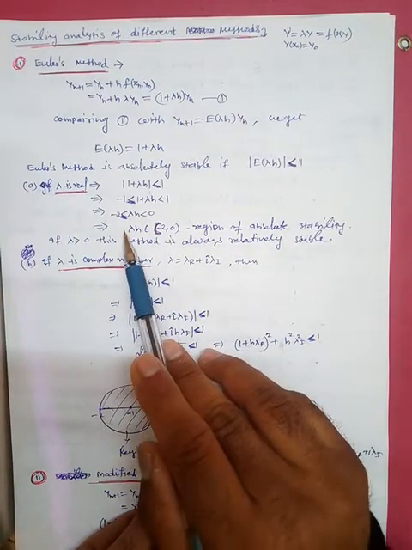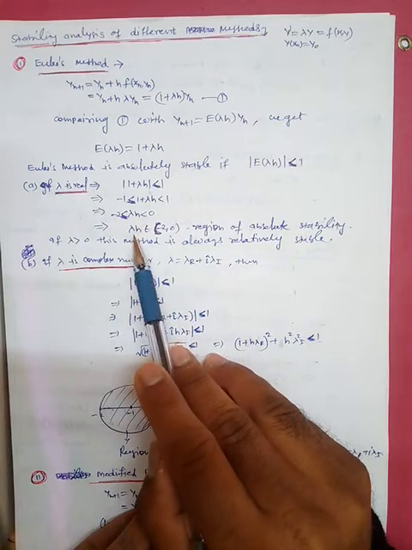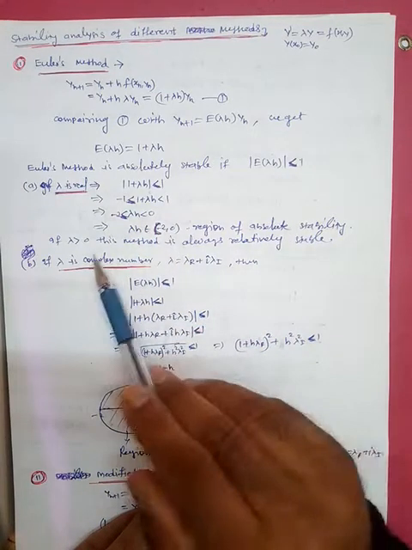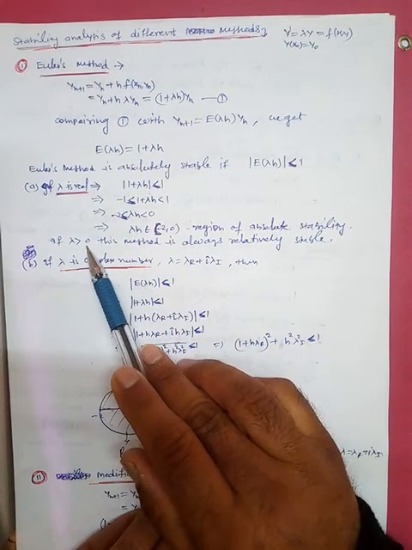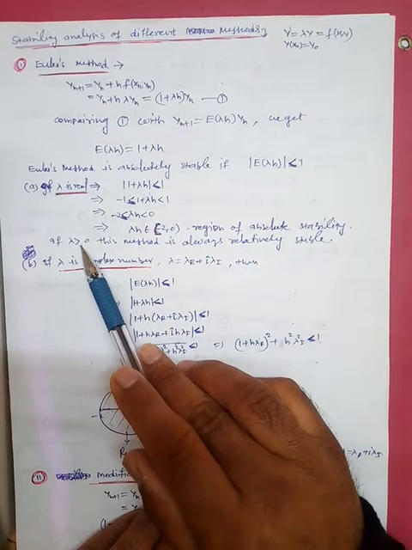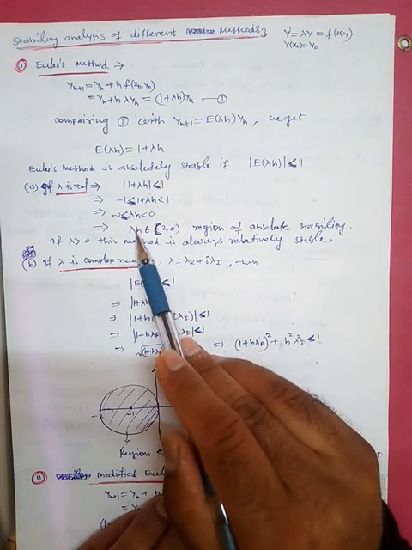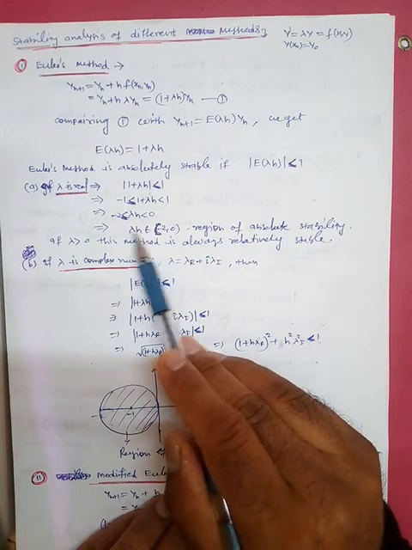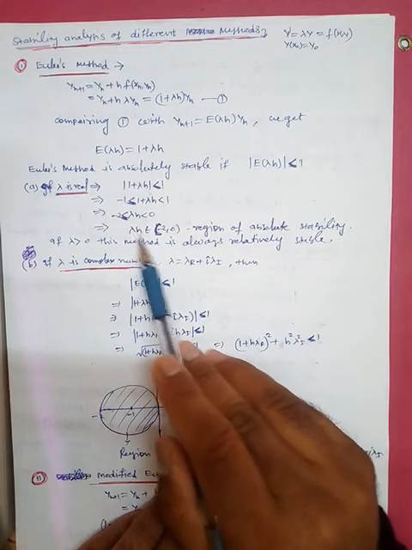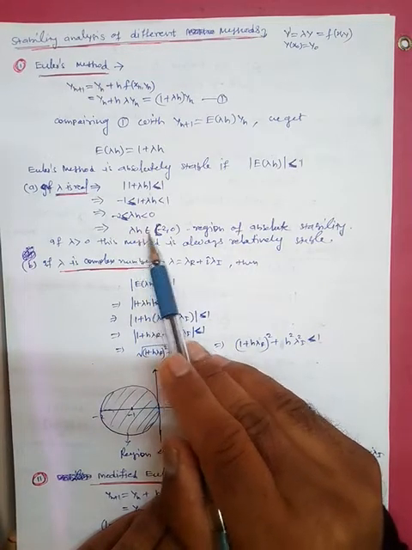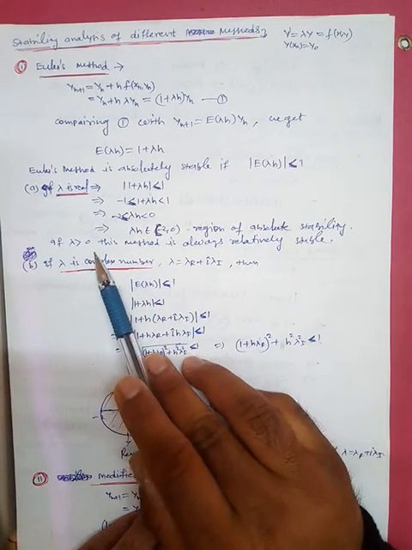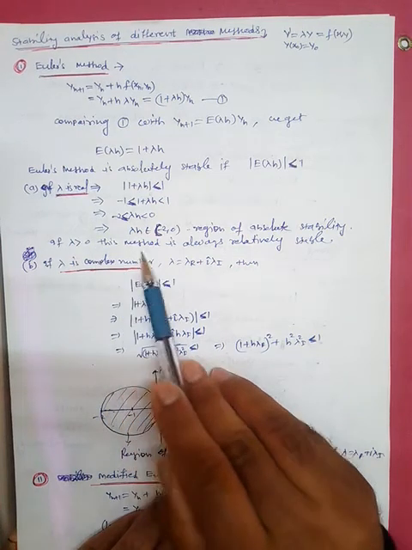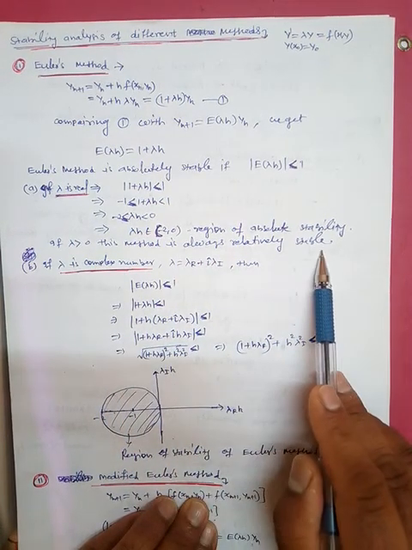Now λ is either negative or positive. Suppose λ is greater than 0. The step size h is always a positive quantity, so their product will be positive. In that case, the method is always relatively stable.